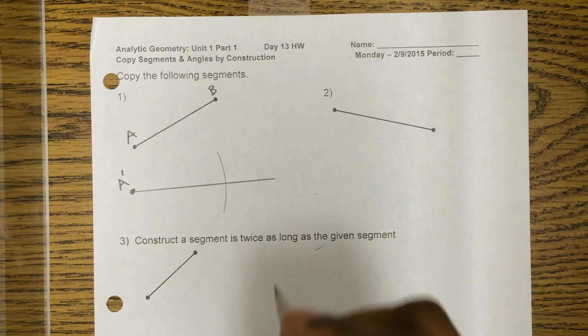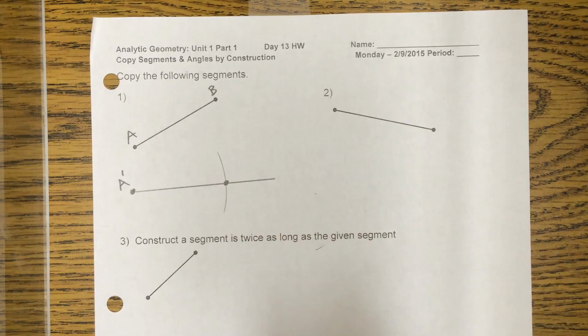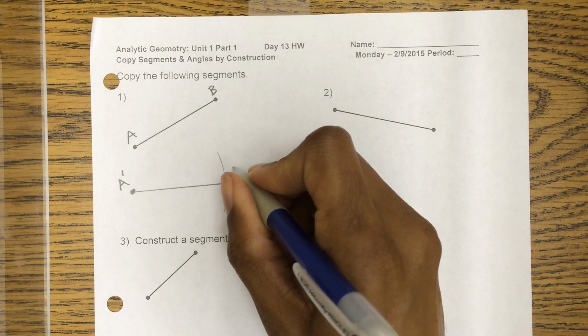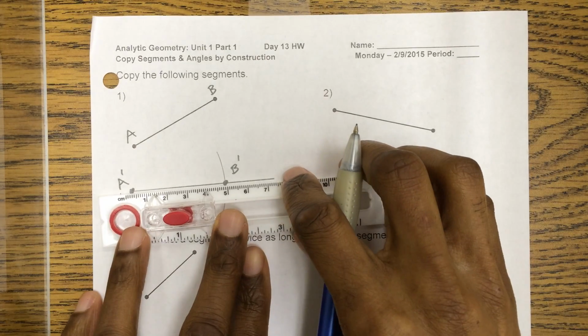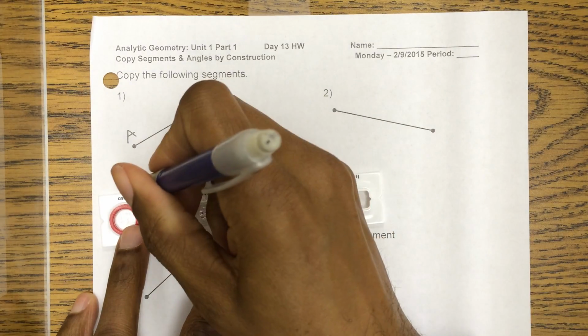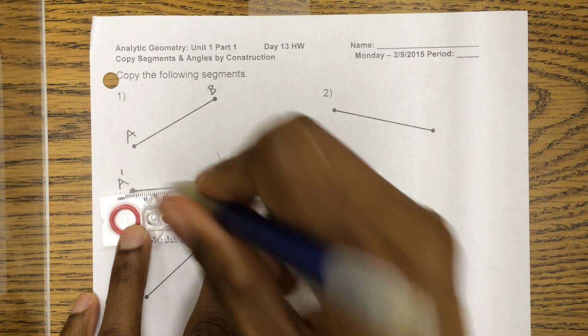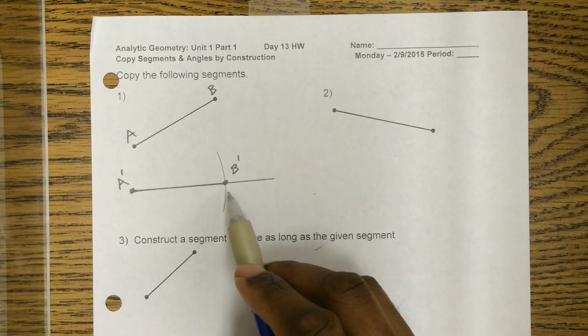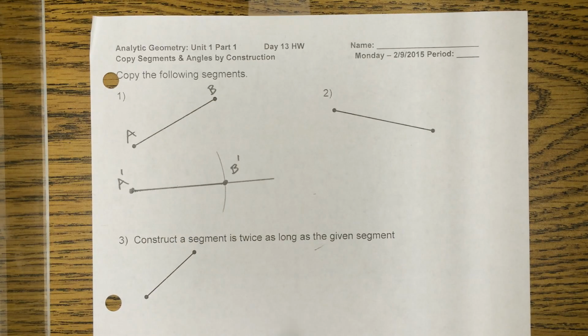That arc, where it intersects your new segment, is going to be your B prime. So, there it is. I like to just darken it in a little bit. But this segment A prime B prime is congruent to segment AB.